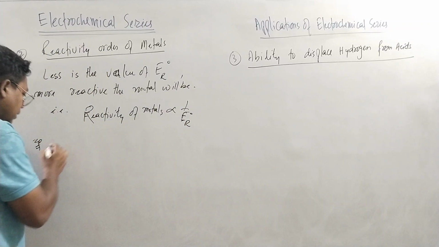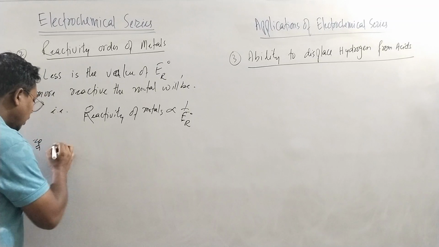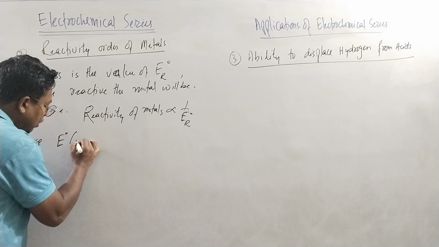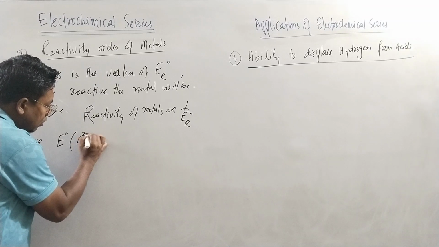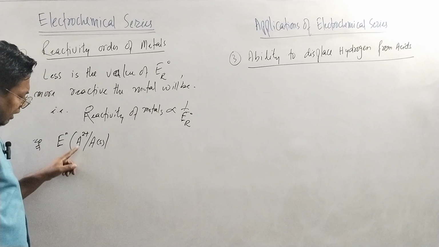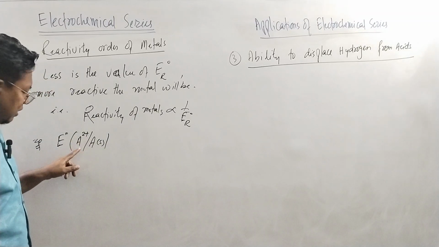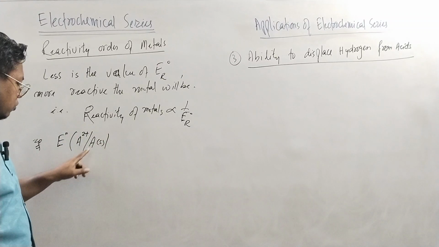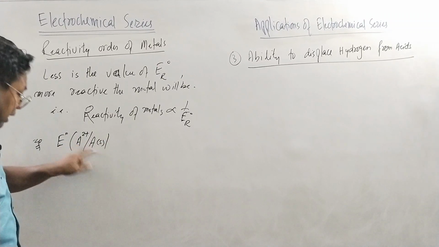Suppose let me write E naught of A2+ to A solid. So this is reduction. A2+ aqueous will gain 2 electrons to form A solid. A solid is the metal.